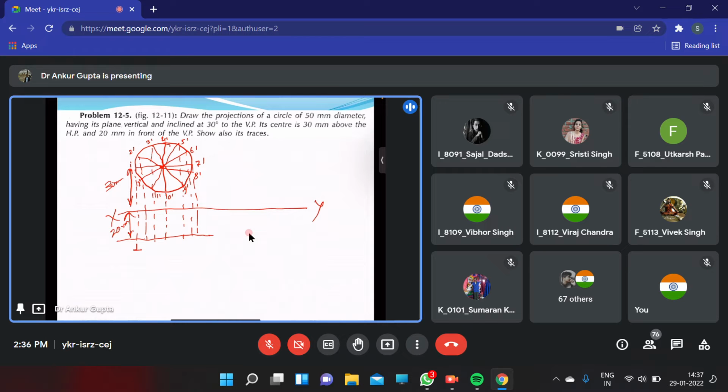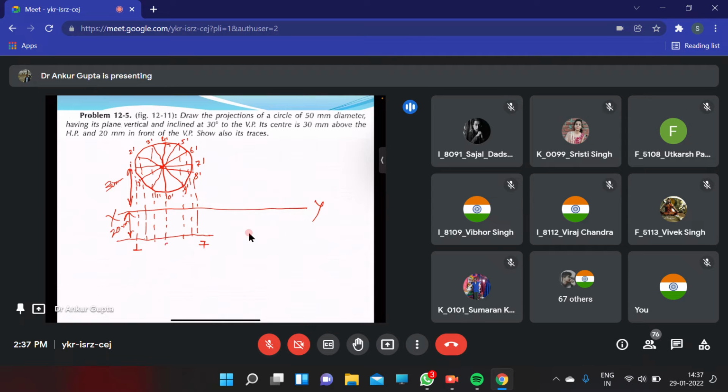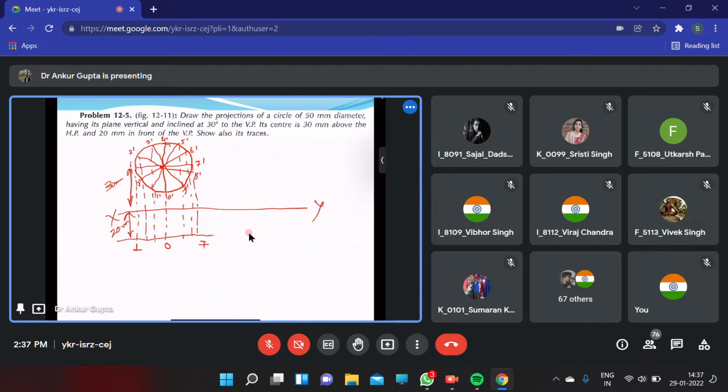So you will get 1 here and 7 here. This is center. यहाँ पे आपका क्या आएगा सेकंड पॉइंट में 2 dash 2 and 2 comma 12. 2 पॉइंट मिलेंगे आपको यहाँ पे. यहाँ पे क्या मिलेगा 5 and 9 and यहाँ पे 6 and 8.